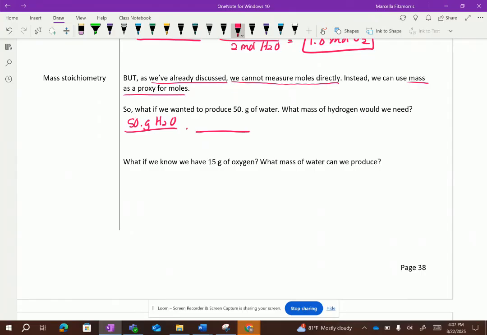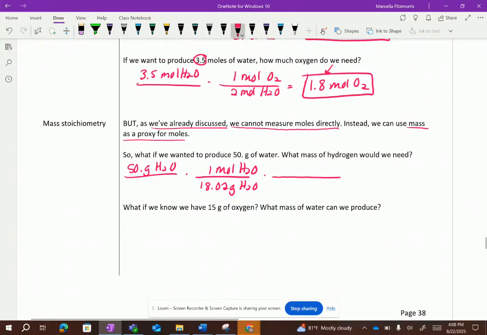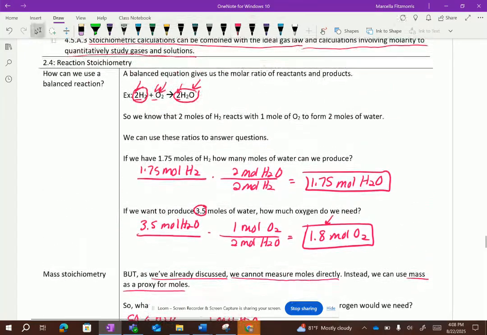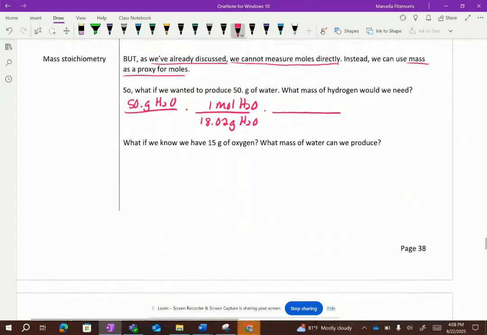In this case, we do it by using the molar mass of 18.02 grams of water to go to 1 mole of water. Now that we're at moles, we can change moles of water to moles of hydrogen by using the ratio 2 moles of H2O produces 2 moles of H2.